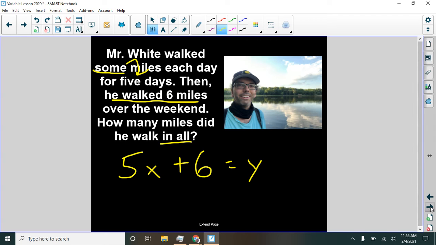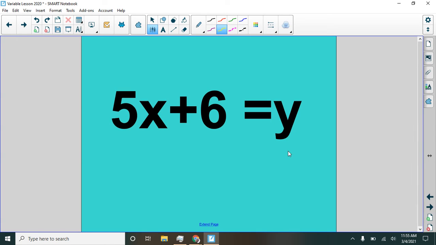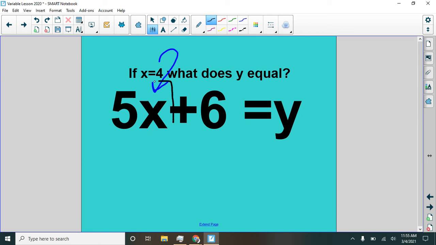All right. So when we want to solve this, let's say that we need to know what x is. X now equals 4. So take this 4 and put it right here. Now, what I want you to tell me first is how much does this part equal now? And don't say 54.